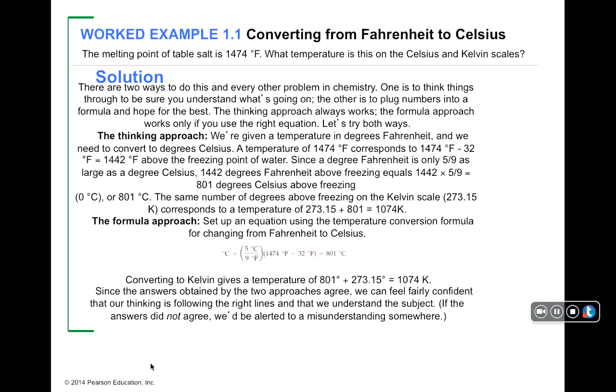Another thing just to note here, they're showing you two different approaches, the thinking approach and the formula approach. As we get more involved in different types of problems, the thinking approach will help you in terms of figuring out if you're applying the correct formula and setting up the problem in the correct number of steps.